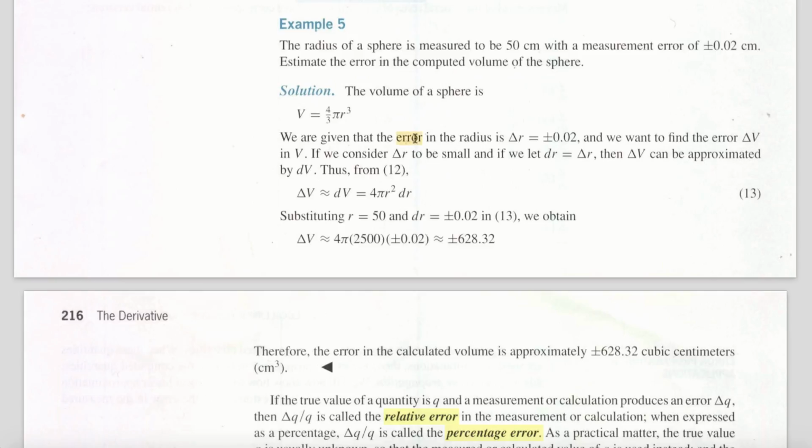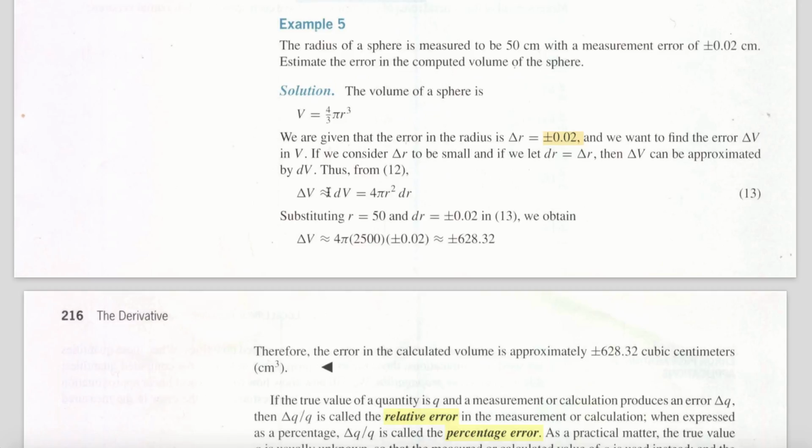We're given that the error in the radius is about this much, okay? And we want to find the error delta V in the volume. If we consider delta r to be small, and if we let dr equal delta r, then delta V can be approximated like so.